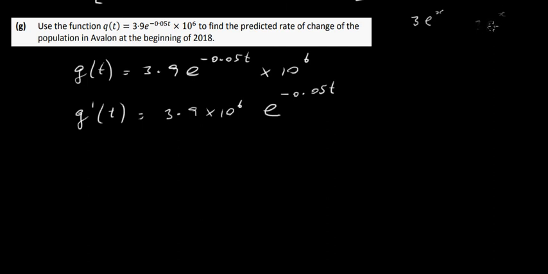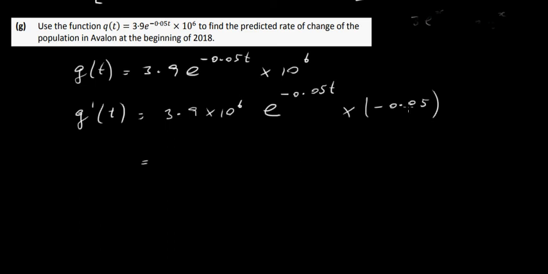So let's differentiate this part here. If you differentiate this part here, you get times minus 0.05. Okay, so that's what we get when we differentiate all of this. Let me put that a little bit neater. Let's put the 10 to the power of 6 out where it was previously.